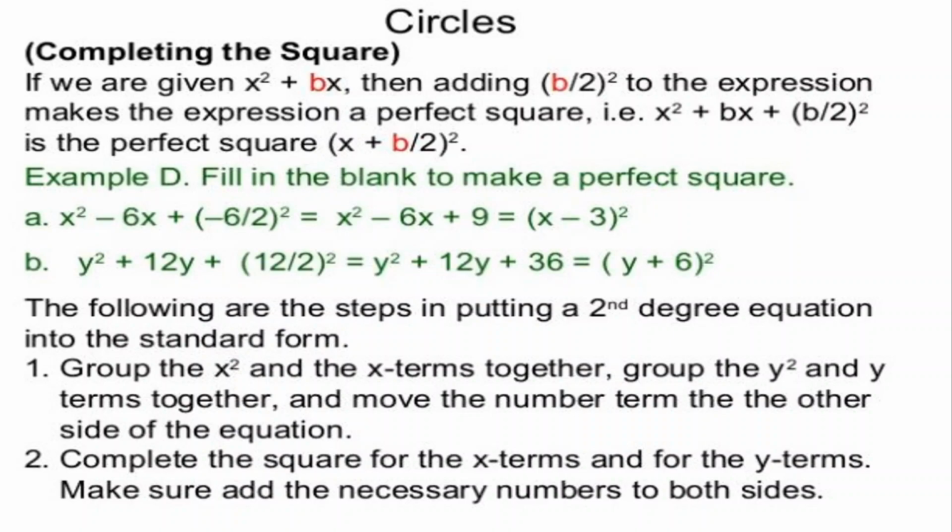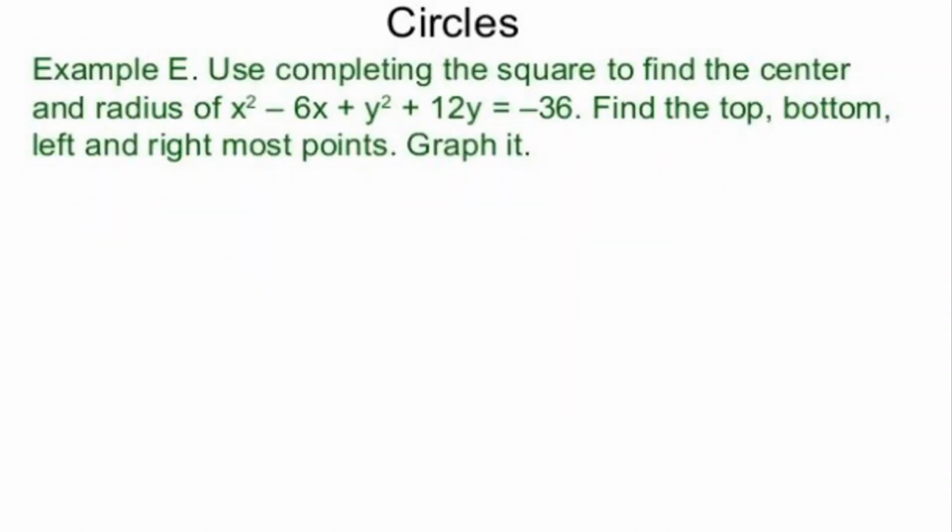Complete the square for the x term and for the y term. Make sure to add the necessary number to both sides. So here we are going to convert the general equation to standard form.